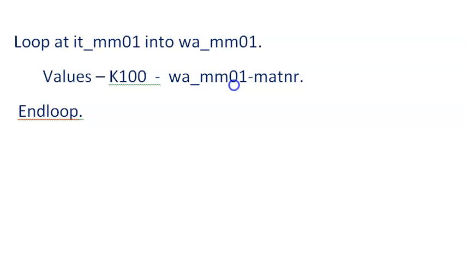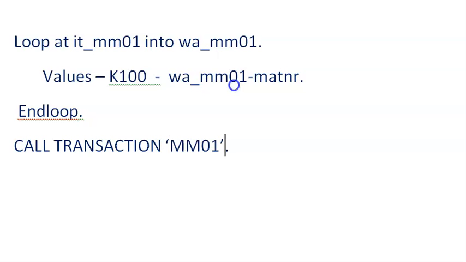Okay. After this, we'll go for call transaction, whatever transaction is there. We are doing it for MM01, using IT_BDCDATA. Now, the IT_BDCDATA will be of type BDCDATA. What is the use of the BDCDATA? I'll explain that now.